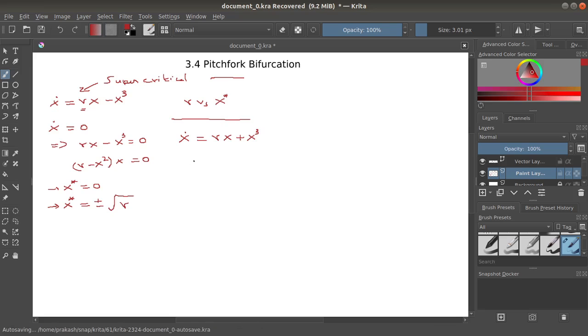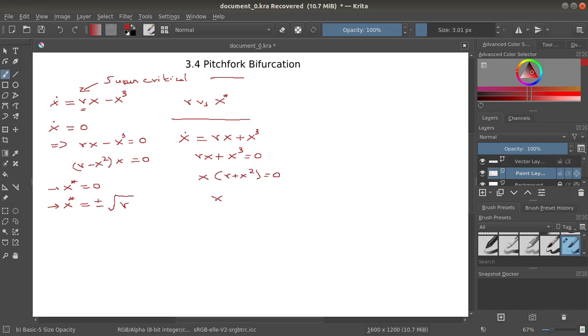Okay, so what are the solutions for this one? So the solutions are rx plus x cube is equal to 0, and the result is x into (r plus x square) is equal to 0.